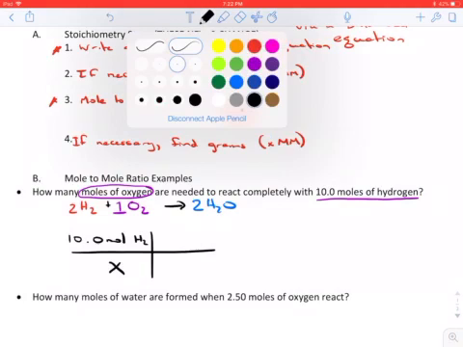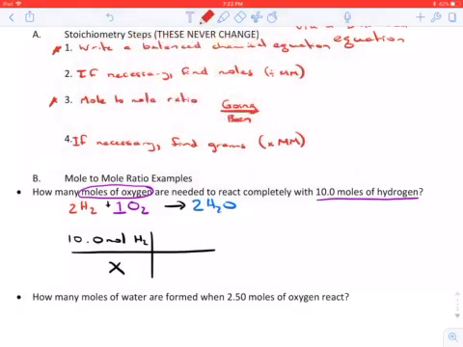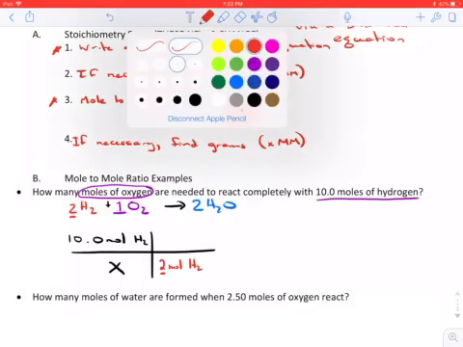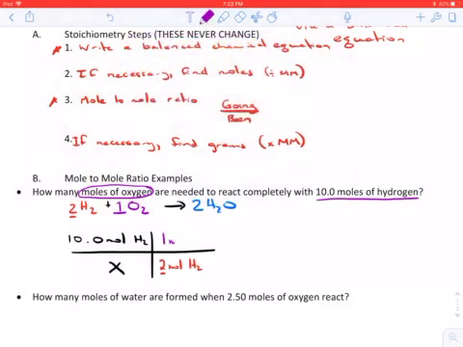In our balanced chemical equation, if we read that using moles instead of coefficients, 2 moles of hydrogen react with 1 mole of oxygen to form 2 moles of water. So for every 2 moles of hydrogen, note this 2 came from that 2 right there, 1 mole of oxygen is needed.